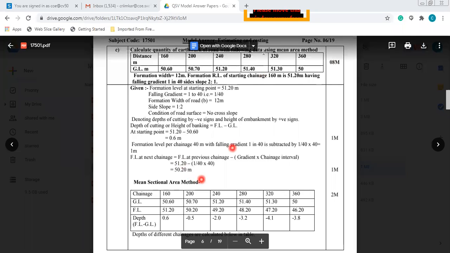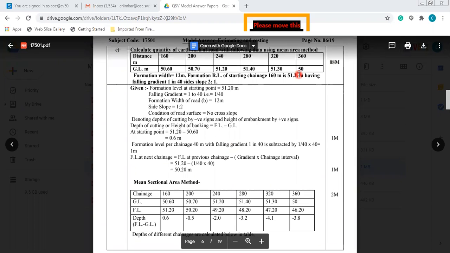My voice is audible and screen is visible, right, everyone? Hello? Please respond. How are we going to calculate the point of 0 depth?